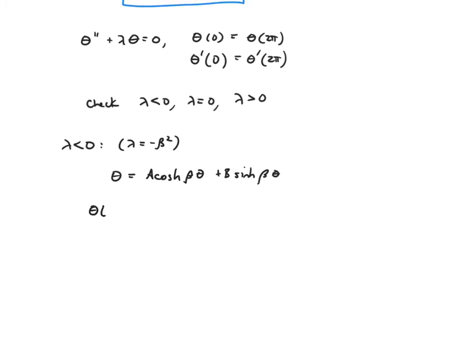If we apply theta of 0, cosh of 0 is 1, sinh of 0 is 0, so you get A. If I plug in 2 pi there, I get A cosh beta 2 pi plus B sinh beta 2 pi.